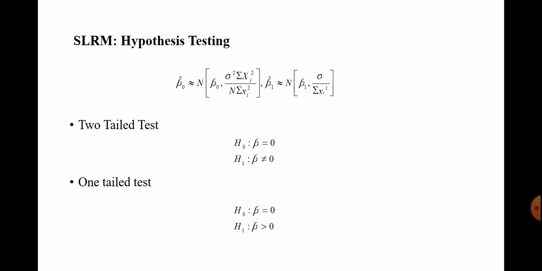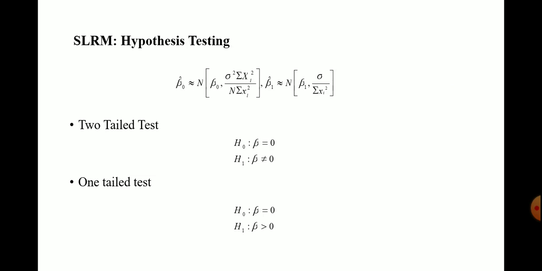In a simple regression model we usually do a test called the t-test. Before going for this t-test we have to specify the tail of the test. How can we determine whether a test is one tail or two tail? It is based on the alternative hypothesis.